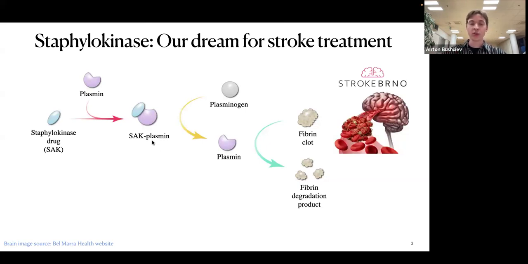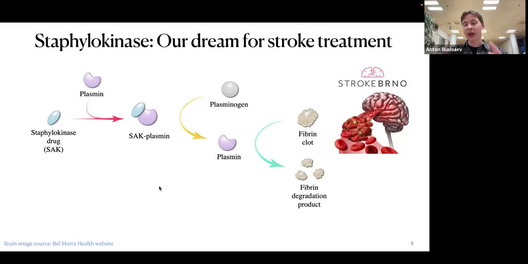Further, these 2 proteins operate together as a single unit. And as we can see, together they catalyze or stimulate the production of more plasmin molecules on the surface of this clot. And these plasmins essentially eat this cluster of fibrins and help to restore the normal blood circulation.